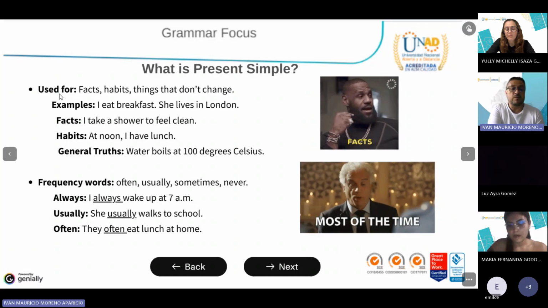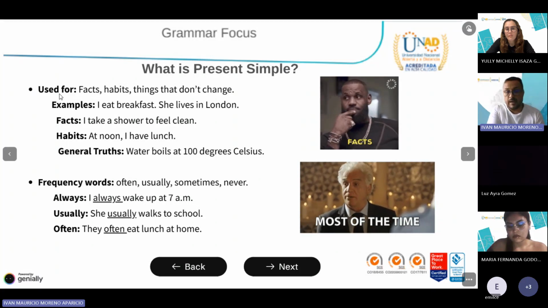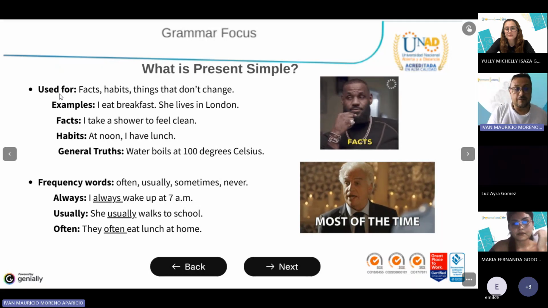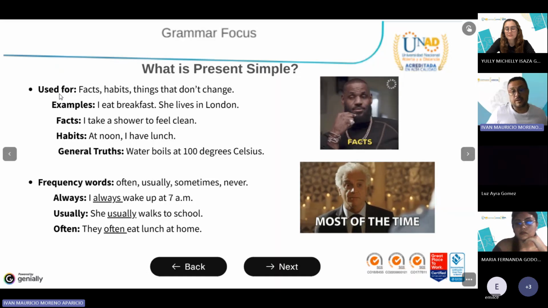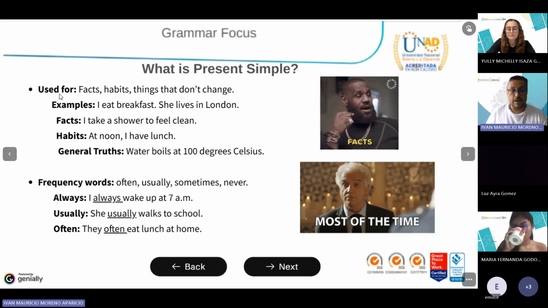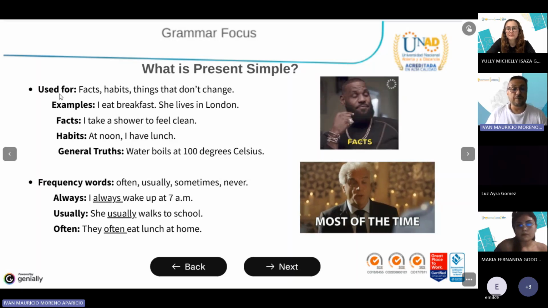We can mention frequency words like often, usually, sometimes, never, always, hardly ever. There are some frequency words that we don't mention here, but they are very common and we use them all the time, most of the time when we talk about how often we do something, right?